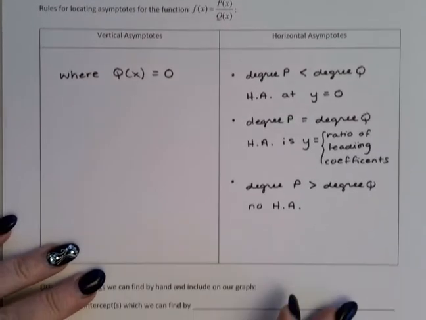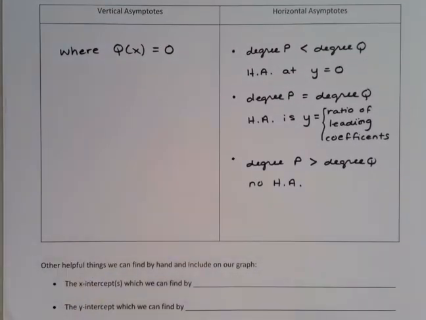So we'll be using that chart as a given, and like I said, that's available to you to use during tests. But we'll be using it as a given for now to help us locate our horizontal asymptotes when we graph. Other helpful things that we do know how to find by hand and could include in our graphs: the x-intercepts, which remember we can find by setting y equal to 0, and the y-intercept, which we can find by setting x equal to 0.